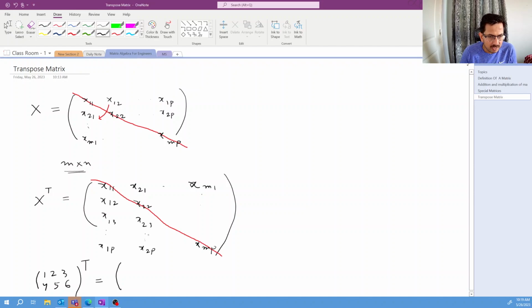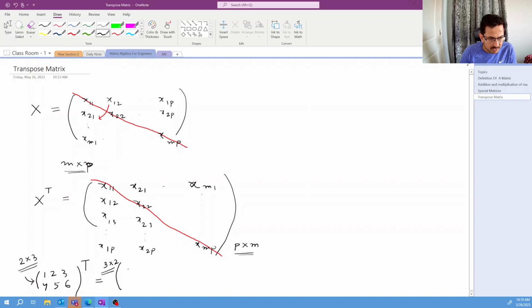So m by n, sorry, my mistake, this is m by p, because I am considering p as my number of columns. So here this matrix was basically p by m after transpose. In this case this was initially a 2 by 3 dimensional matrix. The transpose of this will be a 3 by 2 dimensional matrix.